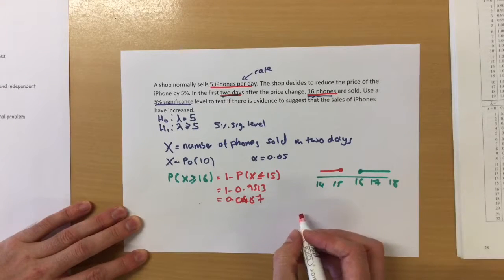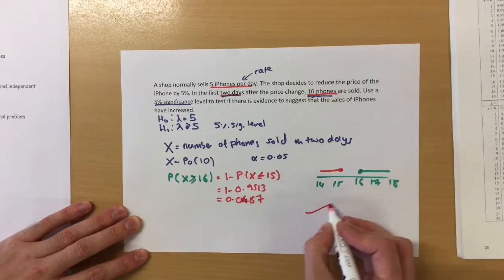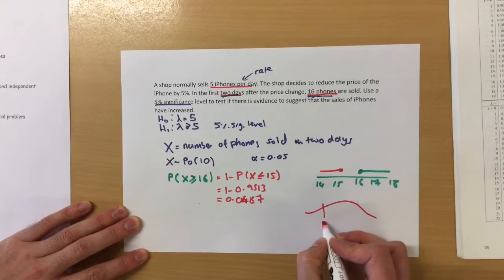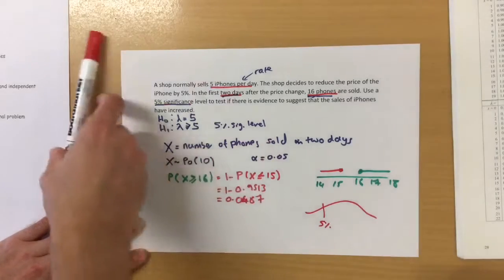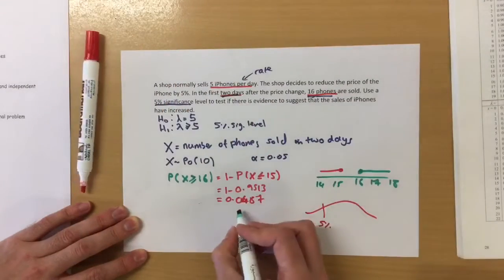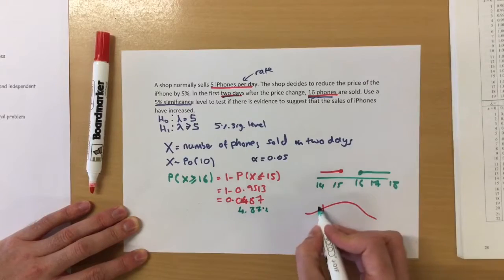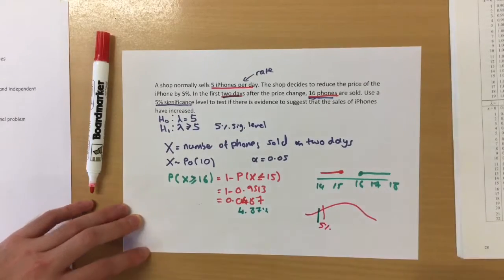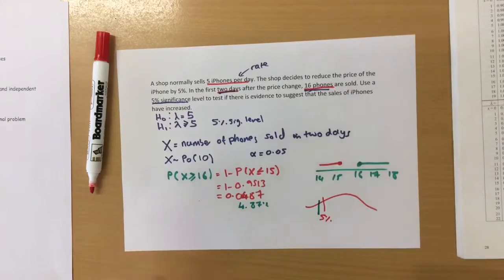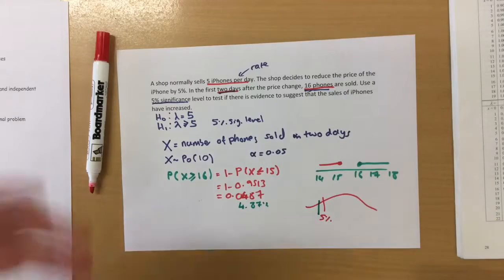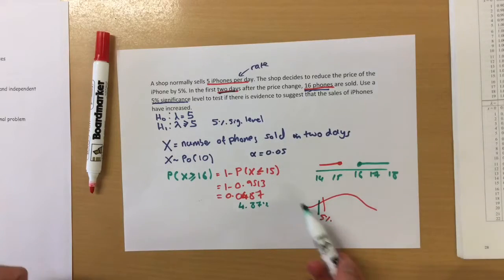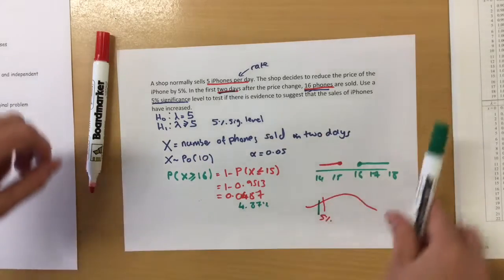Well, there's 5%, and this value is 4.87%, which is here. So under normal circumstances, it is quite unlikely to get 16 sales.